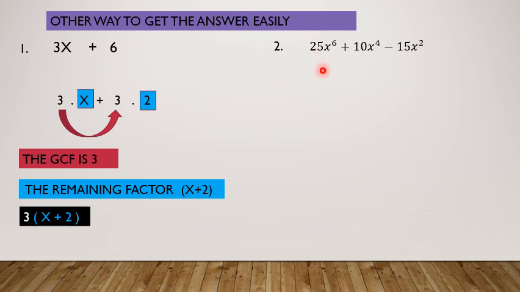So hanapin na lang natin. Punta tayo sa variables. Sabi least degree. Ang least degree natin ay si x raised to the 2 power o x squared. X to the 4th, X to the 6th. Okay, ito yung ating least degree. So, ngayon, ito yung kukunin natin.